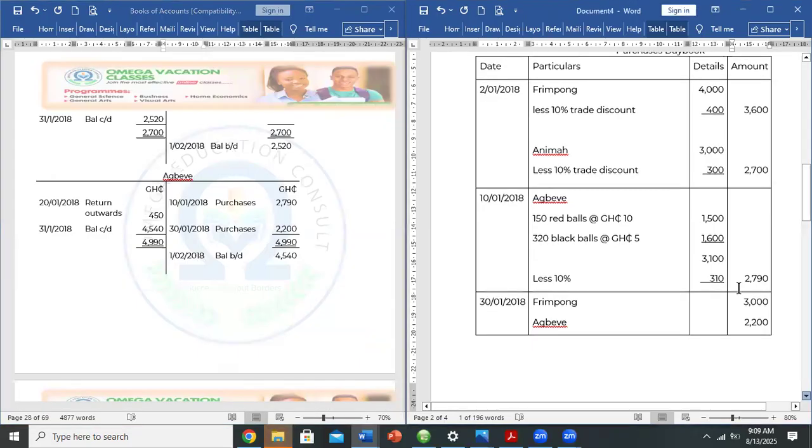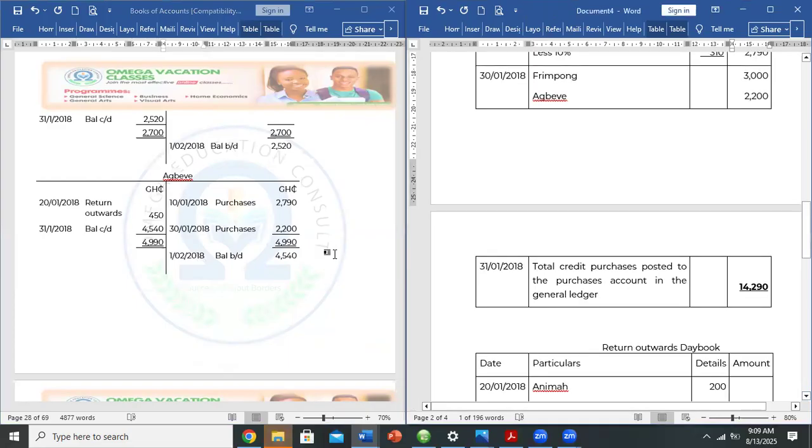The next thing will be the totals for the purchases. Again, the totals will go to where? The general ledger.